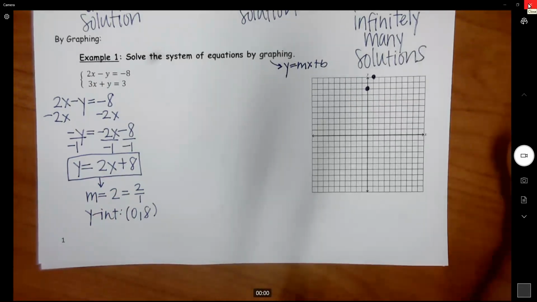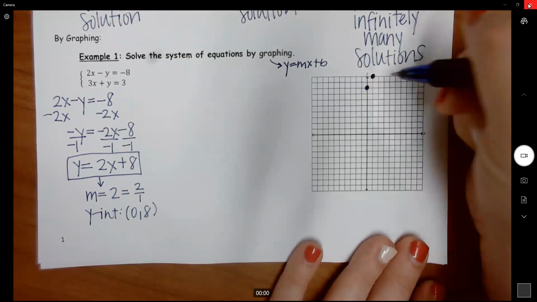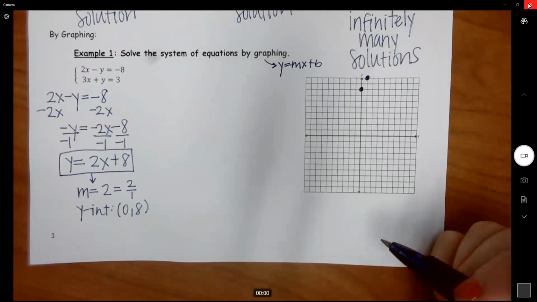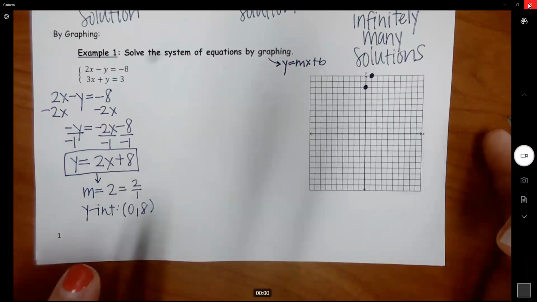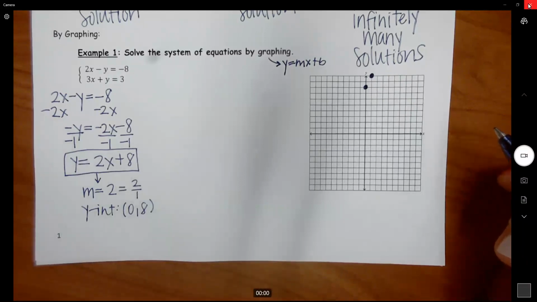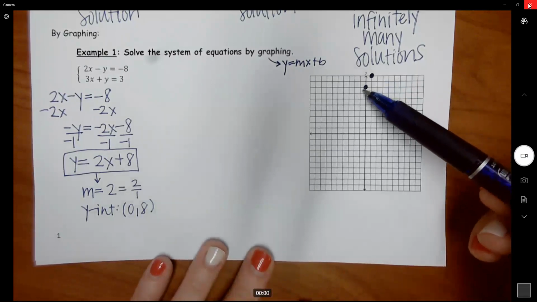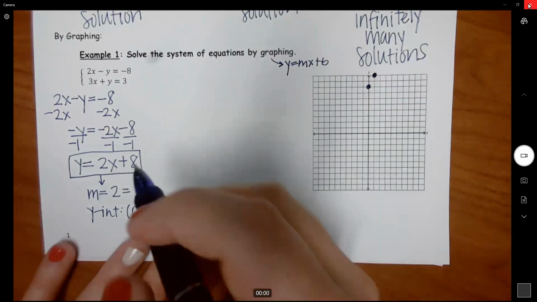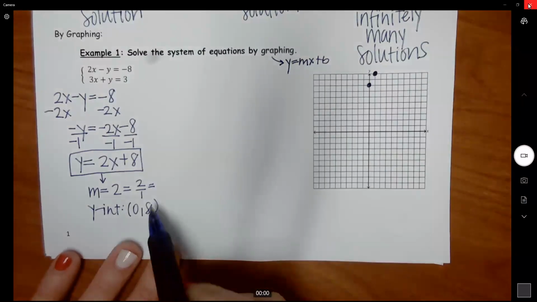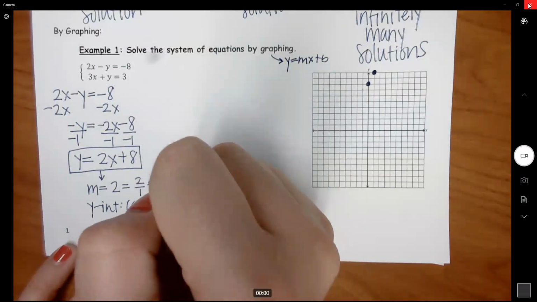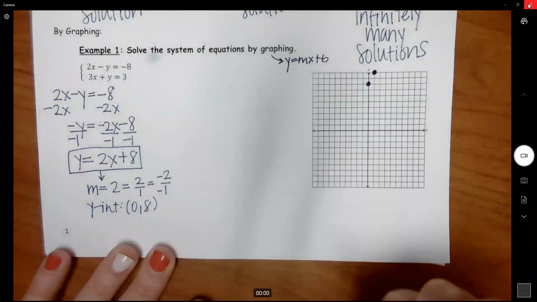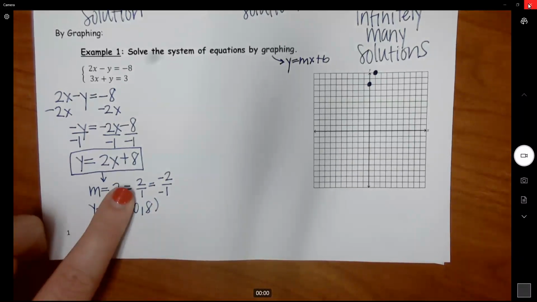Now that is enough to graph your line. But because I'm solving by graphing, this needs to be accurate. And so I am going to put dots going all the way in the opposite direction. This is equivalent to -2 over -1, because negative over negative is positive.